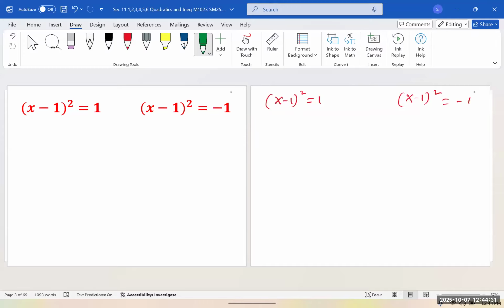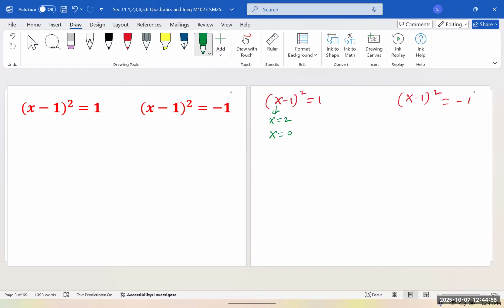So this one, we know definitely one of them is 2. 2 minus 1 is 1, 1 squared is 1. But is 2 the only number? Another one is 0. 0 minus 1 is negative 1, and negative 1 squared is positive 1.